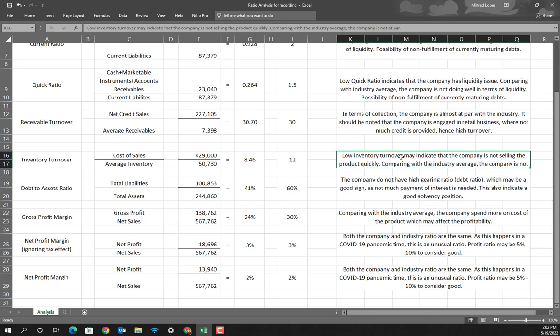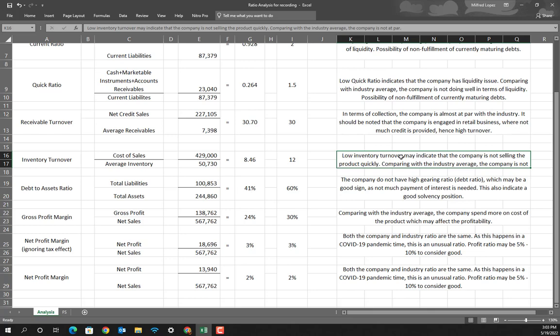Also, if you are a supplier, then you might be worried: they are unable to dispose of their inventory, shall I still provide my products to them? Because it might indicate profitability issues. If they're not selling as quickly as possible, they may not have available cash in the future when they may need it.